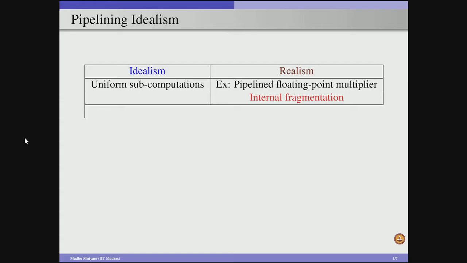In other words, we assume that this computation can be divided into equal parts. There can be k stages or n stages or whatever, but each of these substages takes the same amount of time as the other stages. But in reality, that is not what we can get.